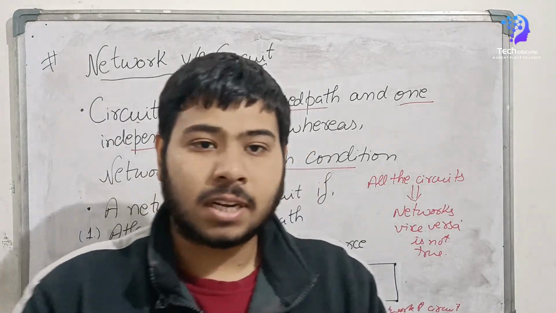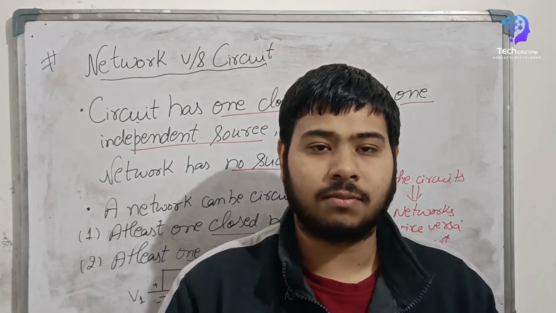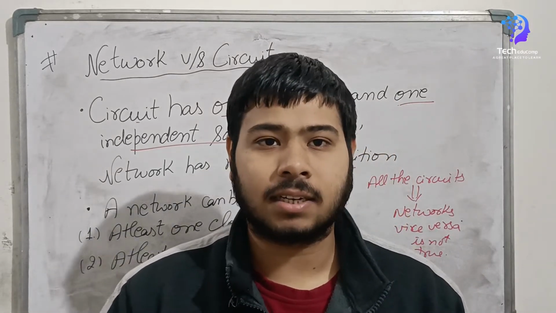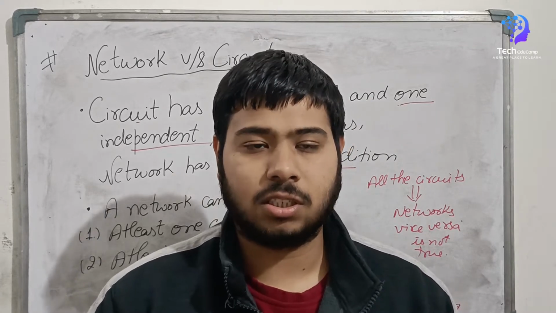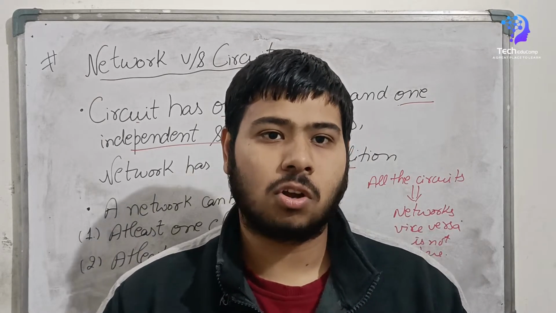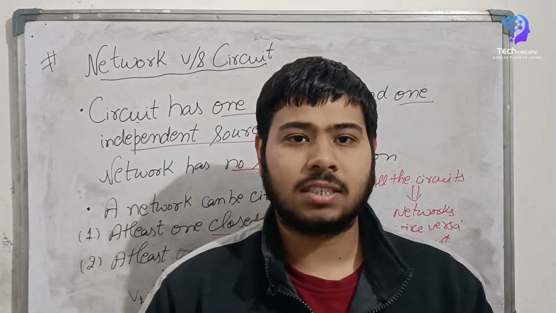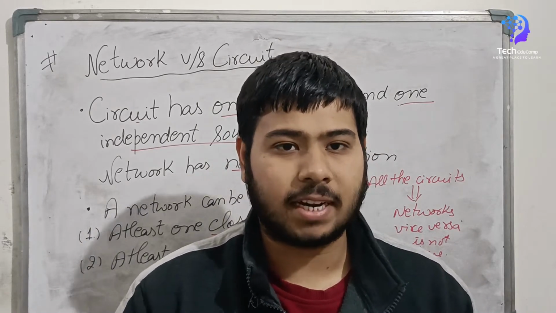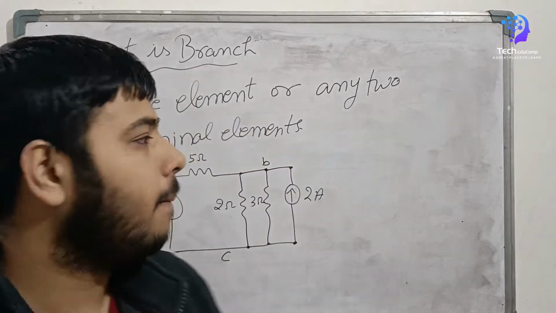Since we are studying network topologies, in which we have many complex circuits in different configurations, we have to understand some basic terminologies like branches, nodes and loops. Let's move on to the first topic: what is a branch.